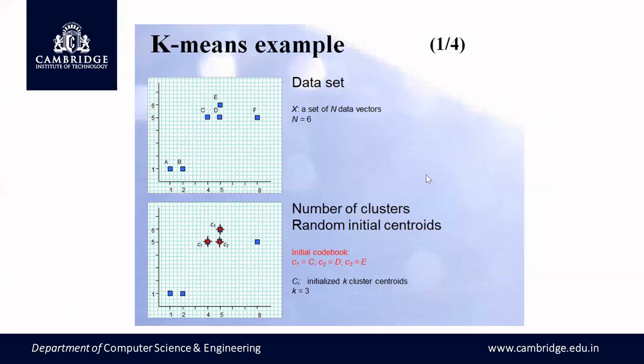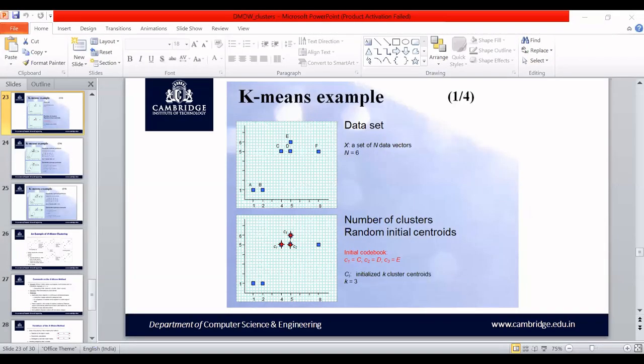So let me take one example to make things clear. Here you are able to see the data set consisting of scores of 2 variables for 7 subjects. If I want to form clusters out of this using the k-means algorithm, I can directly start with the centroids.